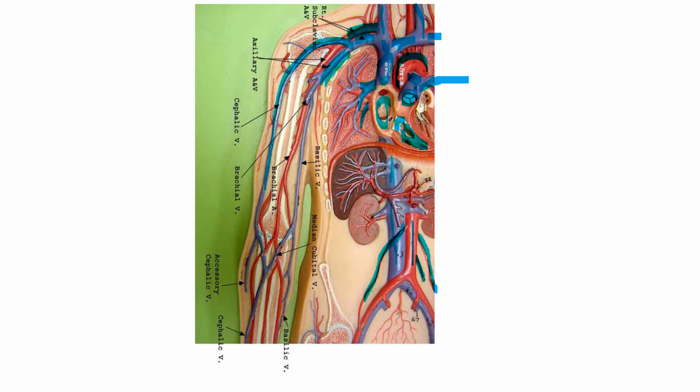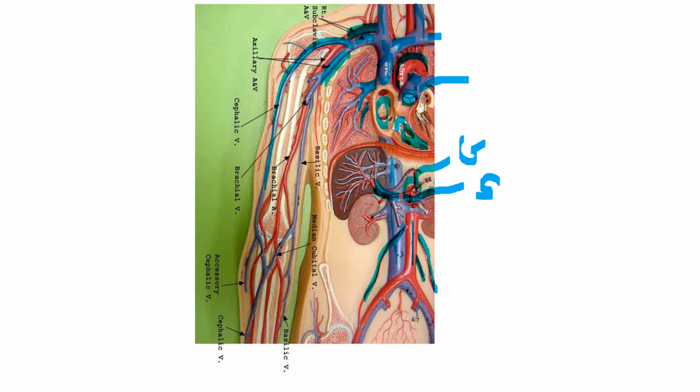Up here, this part that I'm trying to circle right now is the celiac trunk. We see a part coming up this way for the stomach. That would be the gastric artery. Part going this way to the spleen, that would be the splenic. So I'm going to put G for gastric, S for splenic. And then this one right here going up into the liver is the hepatic artery.